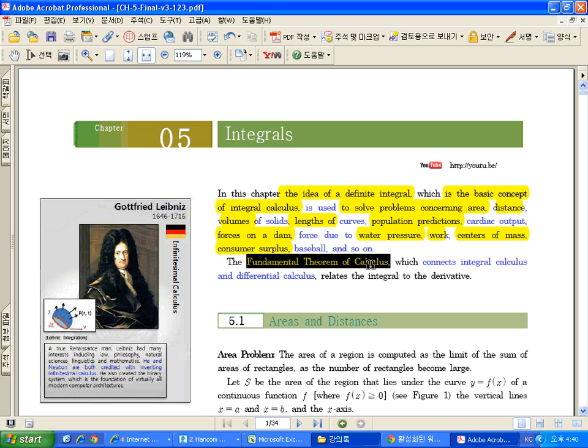The fundamental theorem of calculus, which connects integral calculus and differential calculus, will be the central concept in this chapter 5.